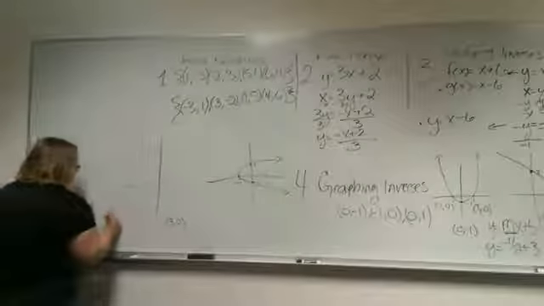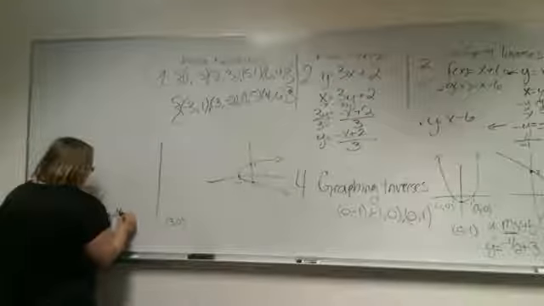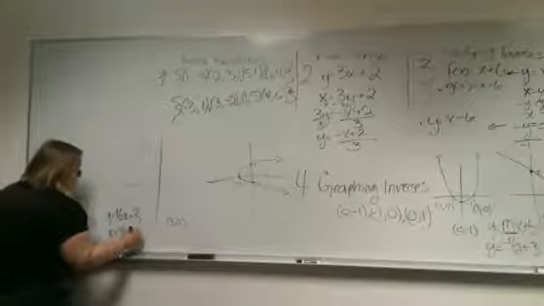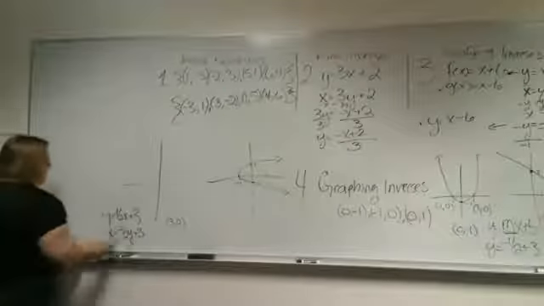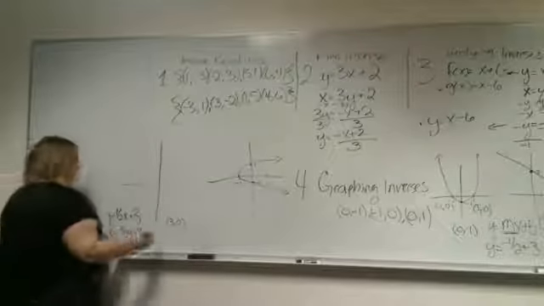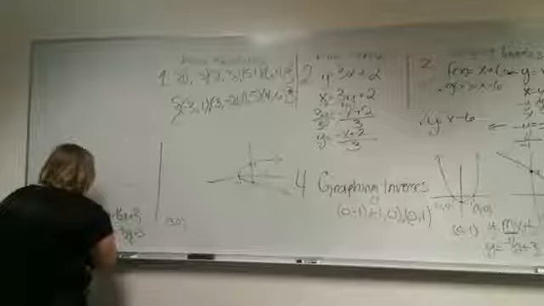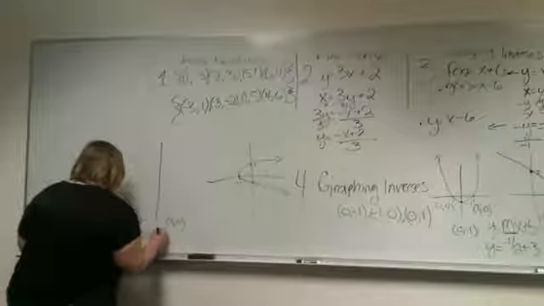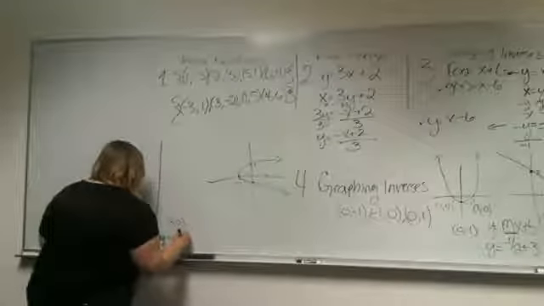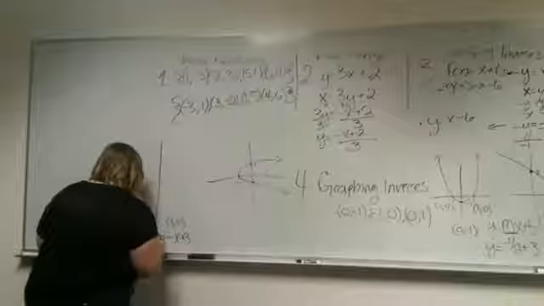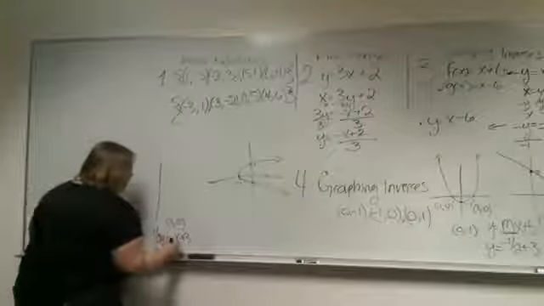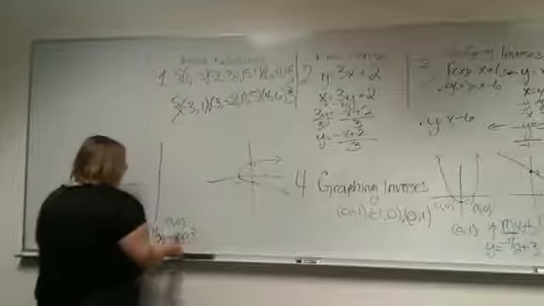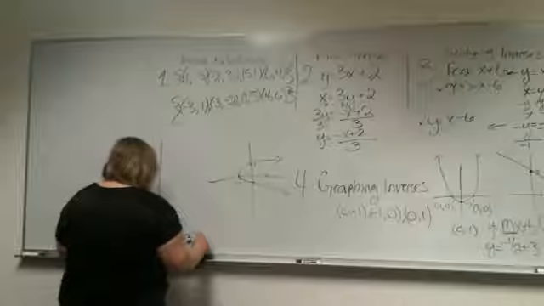And then we could do our y equals -1/2 x plus 3, switch out our x and our y, and solve for y. Let's multiply by 2 on each side, and then isolate y.